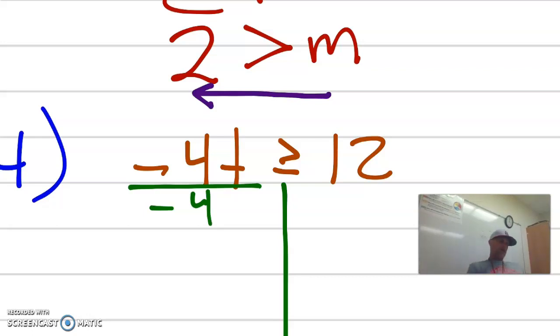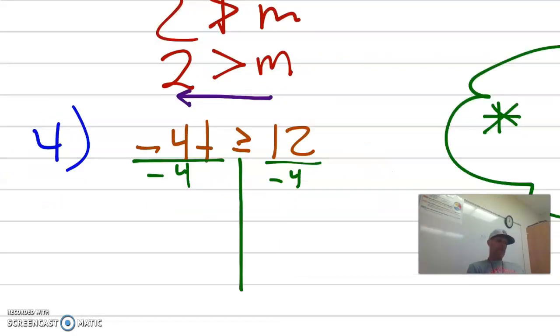Divide both sides by negative 4. Over here we end up with just a positive 1t, but we can just put t. And positive 12 divided by negative 4, a positive divided by a negative is a negative, so negative 3.